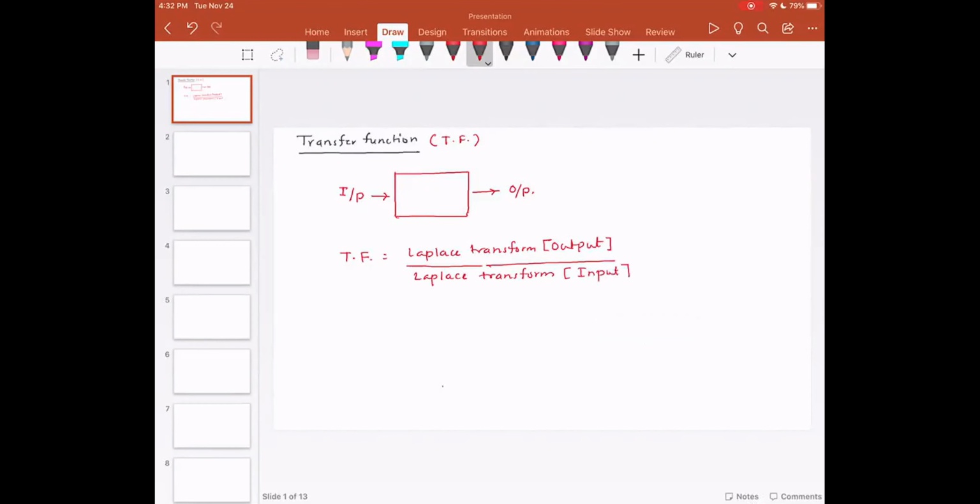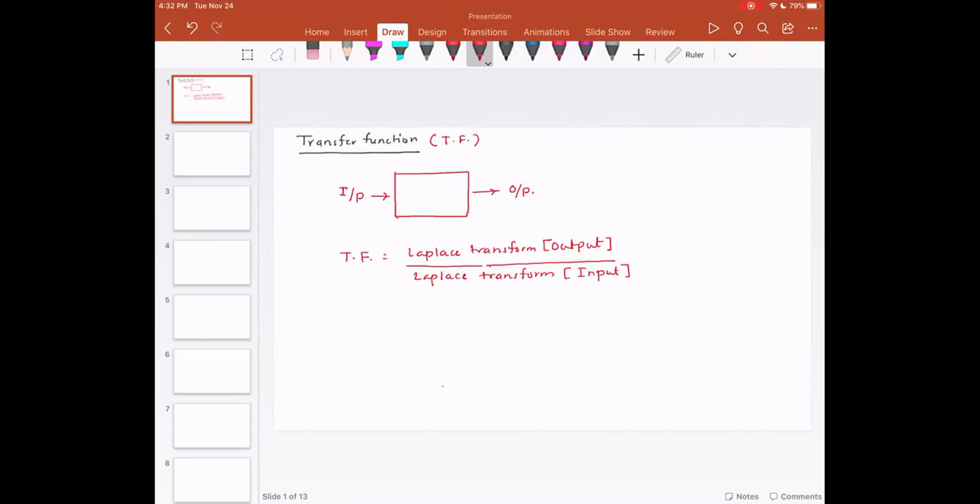And this is a very important definition. Once again, let me repeat. Transfer function is nothing but the ratio of Laplace transform of output divided by the Laplace transform of input.